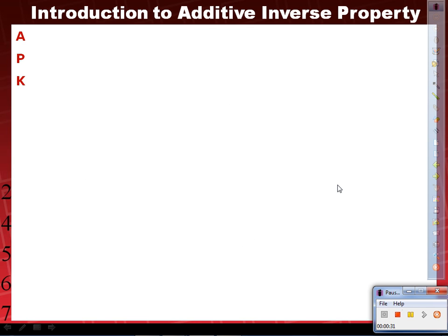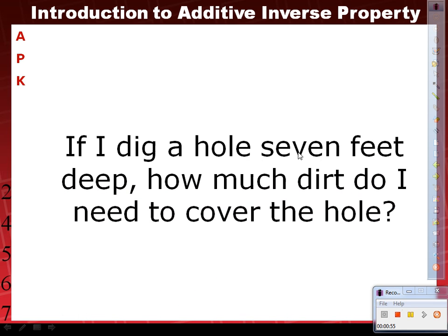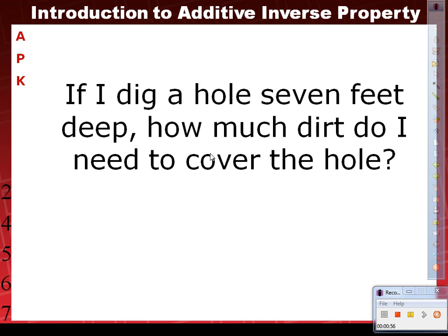So right before I get started with the objective, look up to the screen, writing utensils down. I'm going to do a recap of what you saw in the video that I assigned the other day. Same situation, very similar, but it's the same property at work. If I dig a hole that's 7 feet deep, how much dirt do I need to cover the hole?